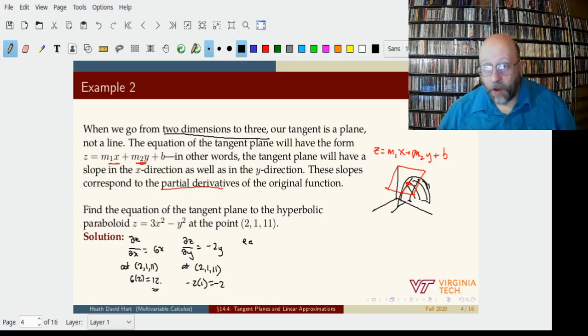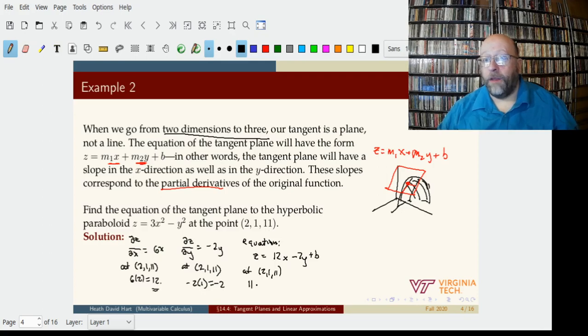And so now we know that the equation is going to be z equals 12x, the slope in the x direction, and negative 2y, the slope in the y direction, plus b. It's almost like the equation of a line with a slope in the x direction and a slope in the y direction. So now we have to plug in the point 2, 1, 11 to find b.